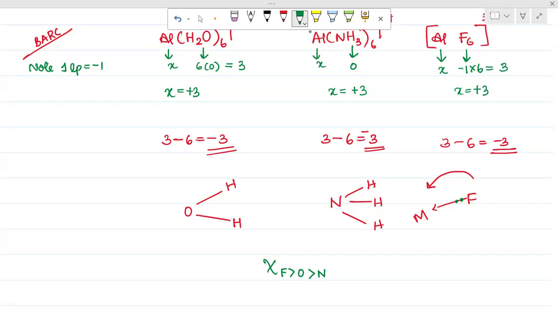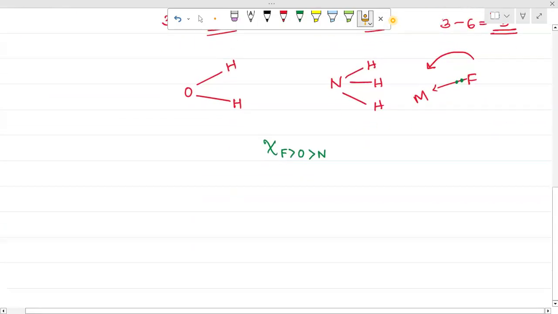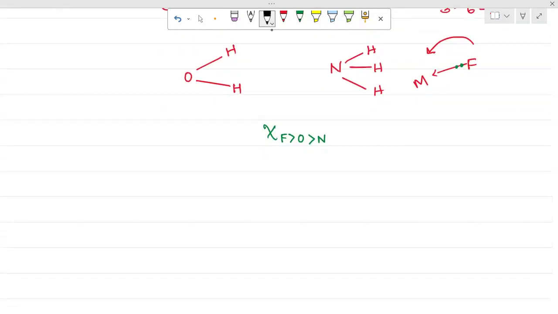Here, the negative charge does not accumulate much on aluminium because a little bit of density is pulled towards fluoride. So there is not much accumulation, and as a result, the order of stability is [AlF6]3- is the most stable.